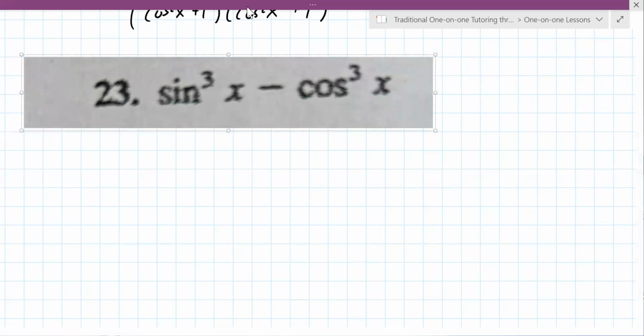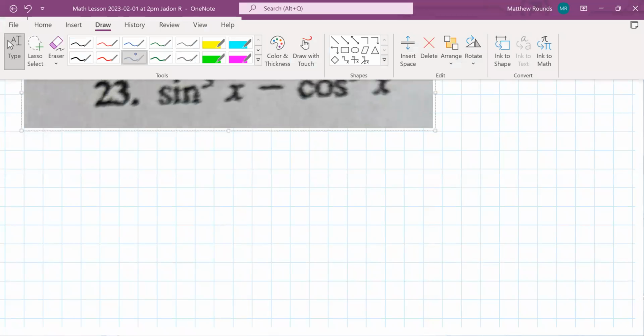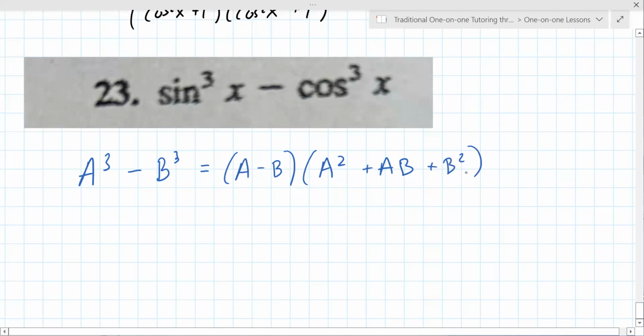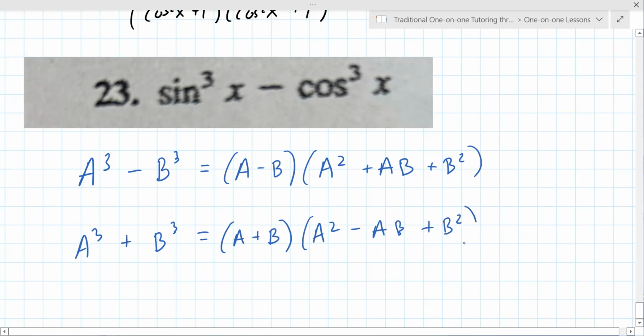All right. So this is the aforementioned difference of cubes. There are two formulas you might need to know. Difference of cubes, which is a minus b, times a squared plus ab plus b squared. And then the other one is a cubed plus b cubed, which equals a plus b, times a squared minus ab plus b squared.